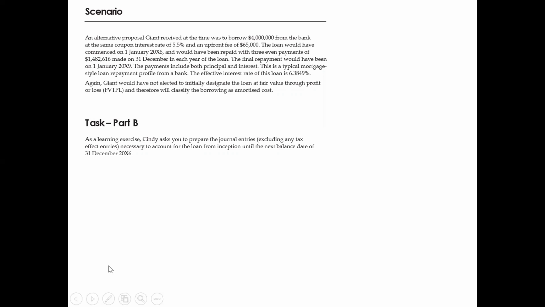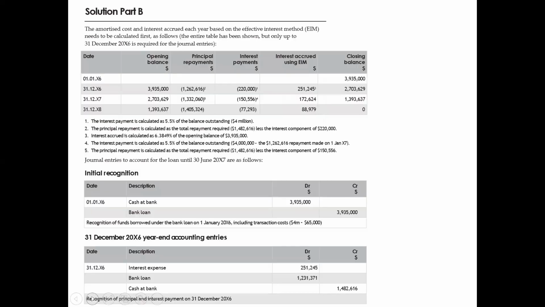So you can see that for scenario B, what we need to do in this question is we still need to set up our loan amortization schedule. But you can see that we need to, in this particular case, work out what are the principal repayments.